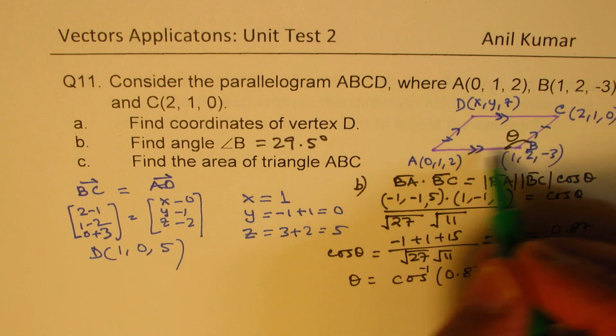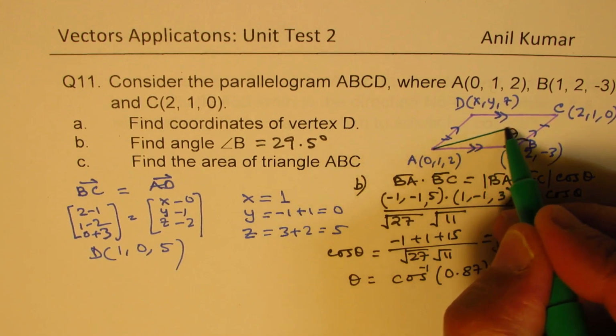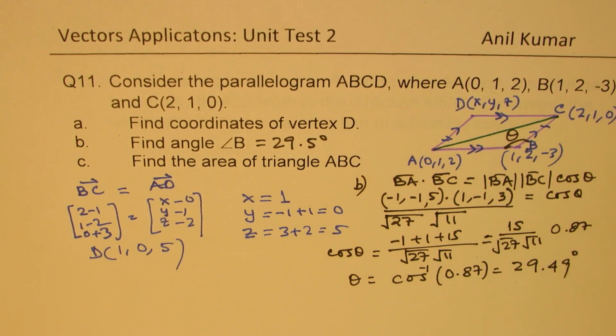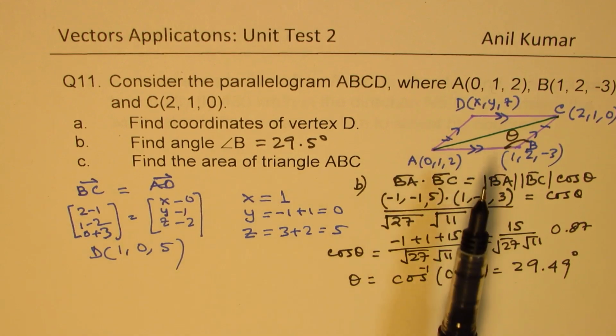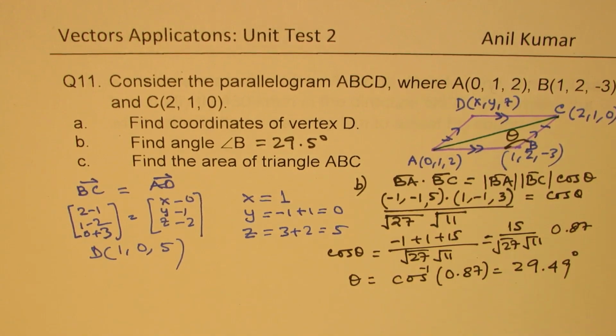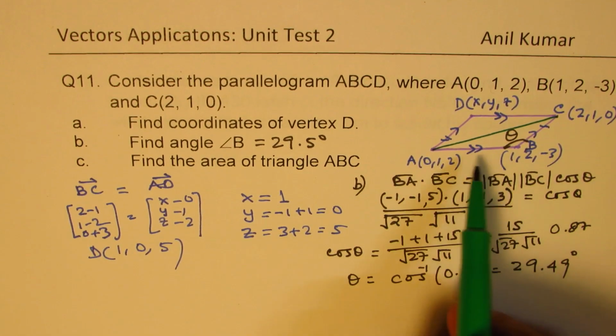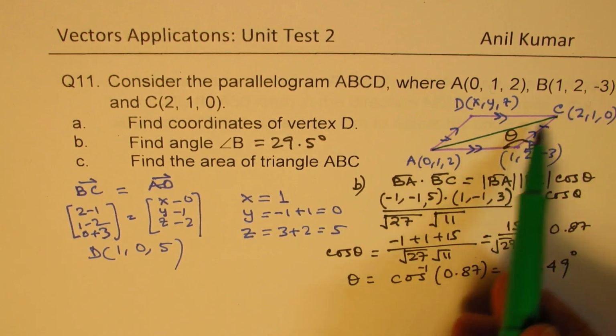So triangle ABC is half the area of the parallelogram. Do you see that? To find this area, we should do the cross product, correct? We'll do the cross product of AB and BC.